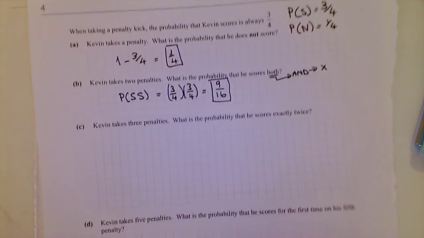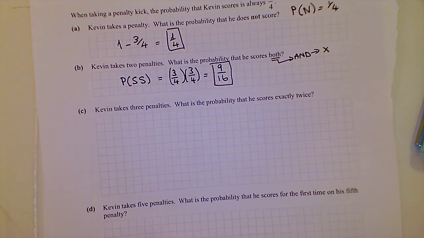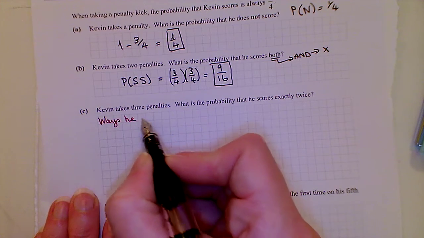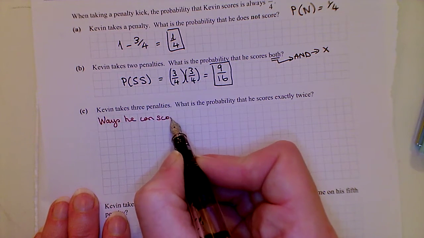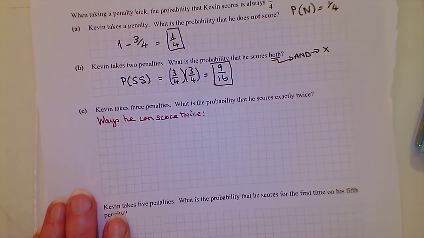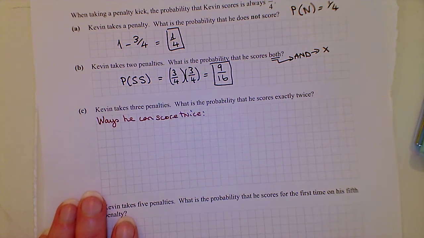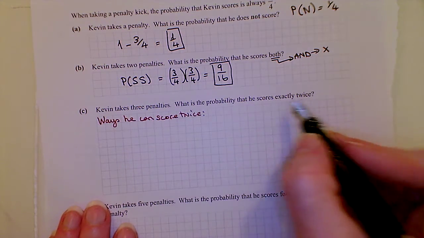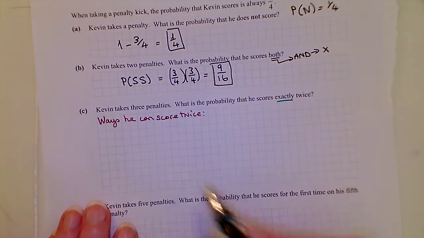Kevin takes 3 penalties. What is the probability that he scores exactly twice? So first of all, we need to write down the ways he can score twice. And he could do that by, now it's exactly twice, so we can't allow him to score 3 times.